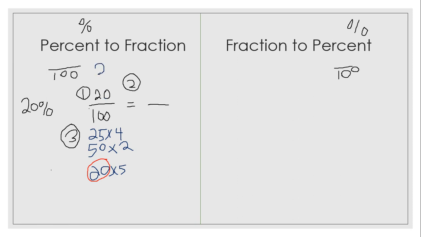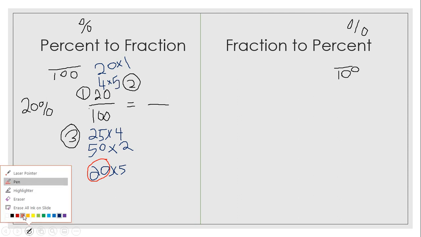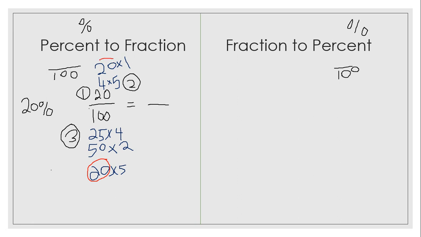Well, I got 20 times 1. I got 4 times 5. And 2 times 10, and so on and so forth. But my greatest factor is 20, and I'm choosing the greatest one, so I don't have to keep simplifying anymore.